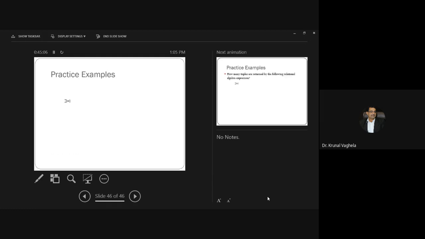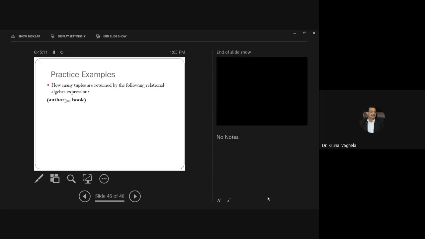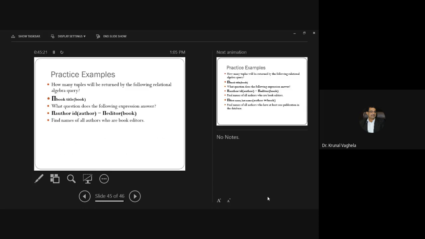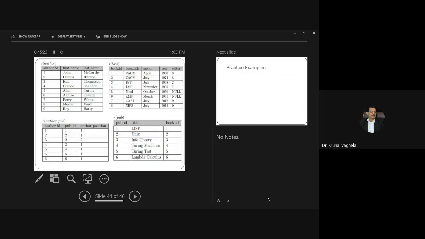This is the last. How many tuples will be returned by the following relational algebra? Author left outer join book. How many columns will be returned?